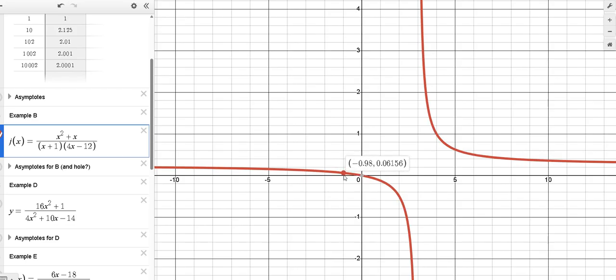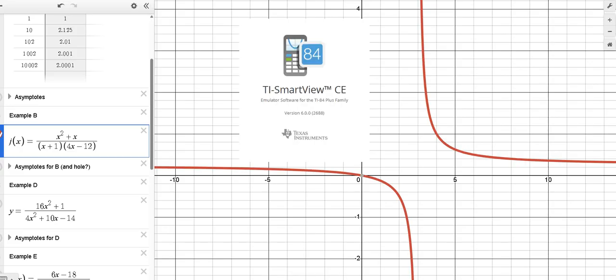Yep, there it is, right there at -1. It's in there. I think you can see it flashing by. There we go. All right. So there's your hole. You can get that to show up on your graphing calculator as well if you position things in the right spot. So the right spot would be to center your graph at -1. Let's see if we can come up with something that's centered at -1.